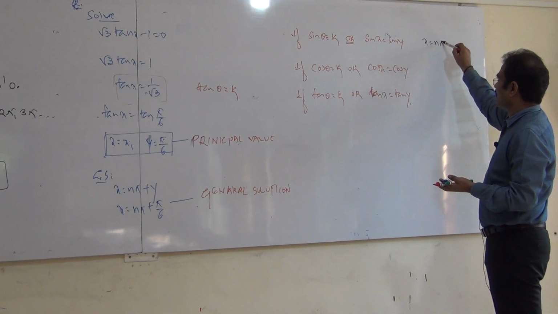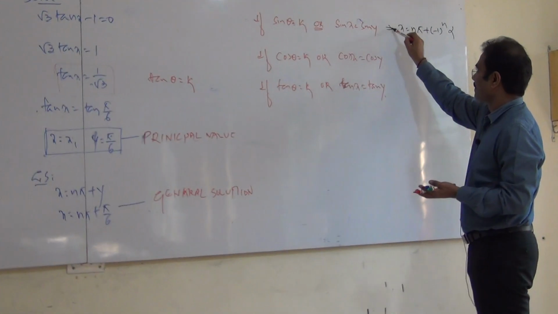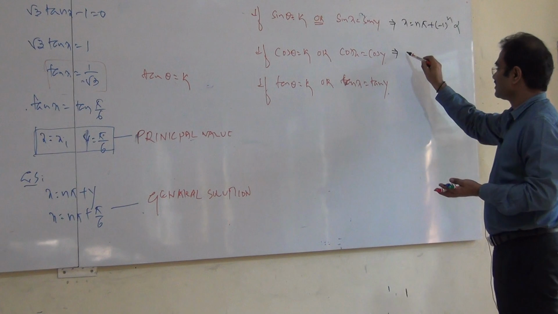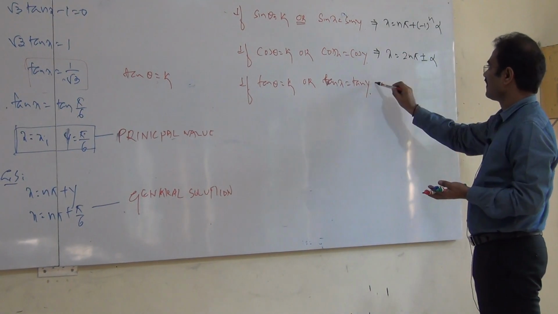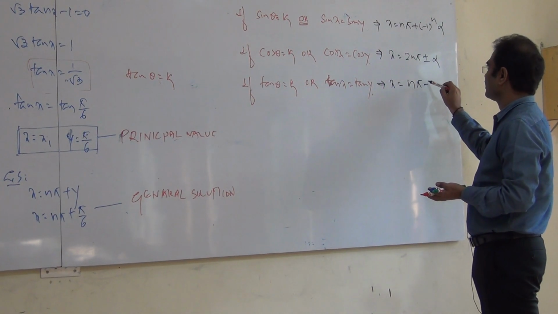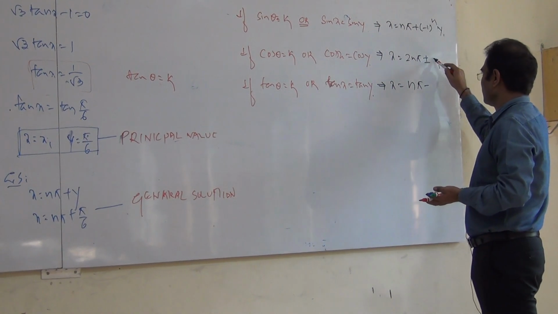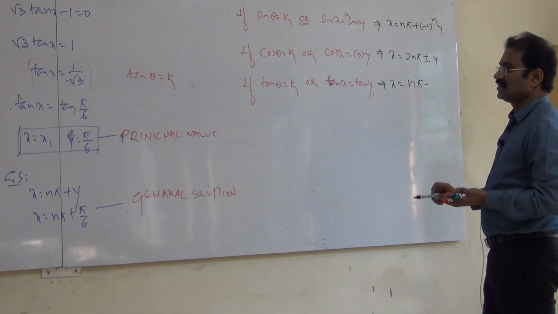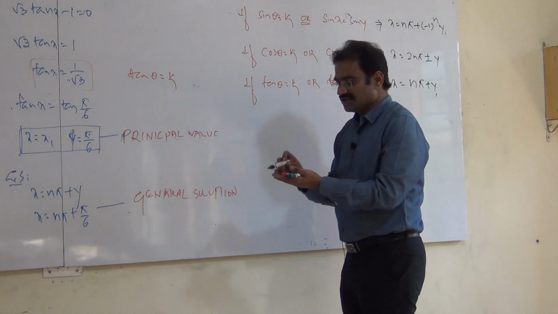x is equal to n pi plus minus 1 raised to n alpha, and this is x is equal to 2n pi plus or minus alpha, and this is x is equal to n pi plus y. You remember this chart?